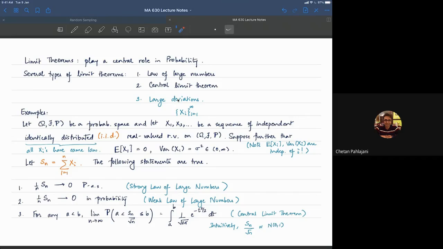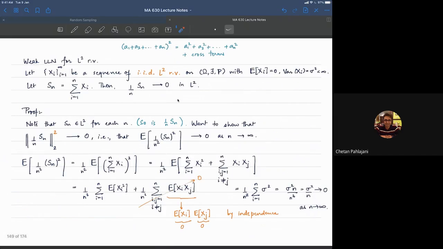I don't know where it is in all these pages; the number of pages is right now at 174. Actually, there we go. It's right here. Weak law of large numbers for L2 random variables.